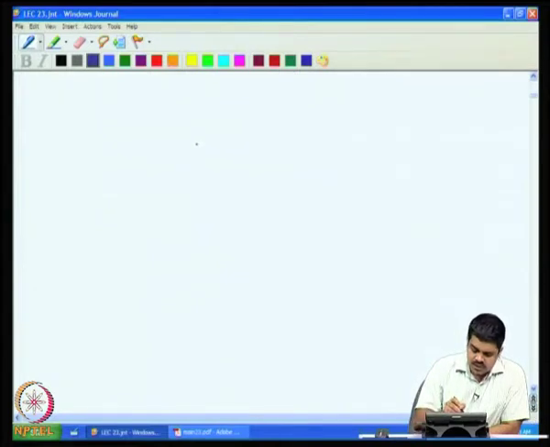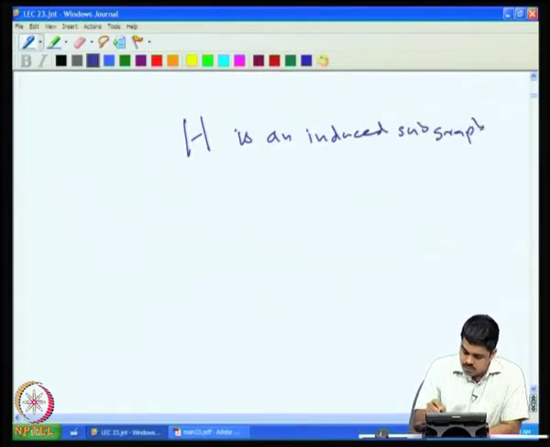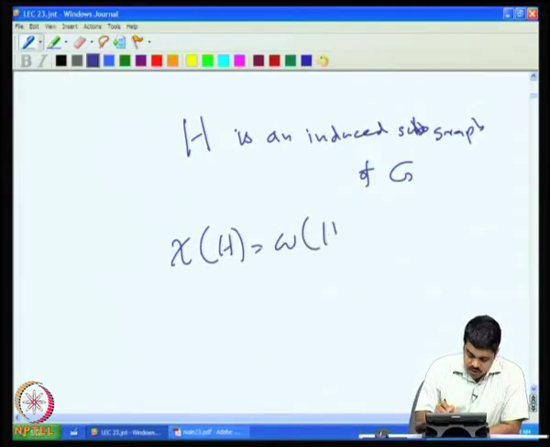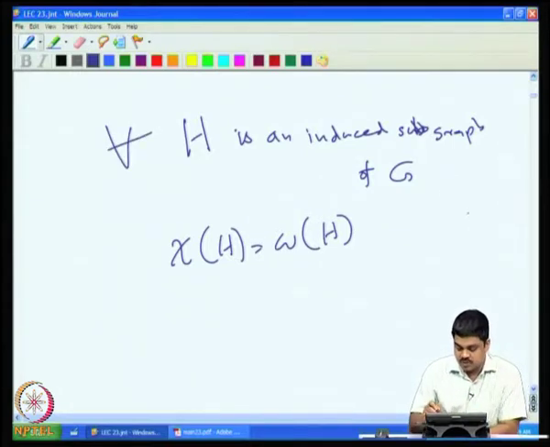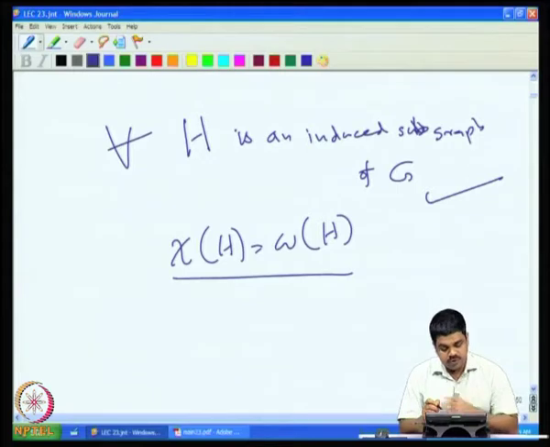He asked, consider the graphs such that not only for the graph itself, but for every induced subgraph of it, say H is an induced subgraph of G, suppose it happens that chi of H equals omega of H. This is for all H such that it is an induced subgraph of G. Remember that it is not only for G, it is also for every induced subgraph.